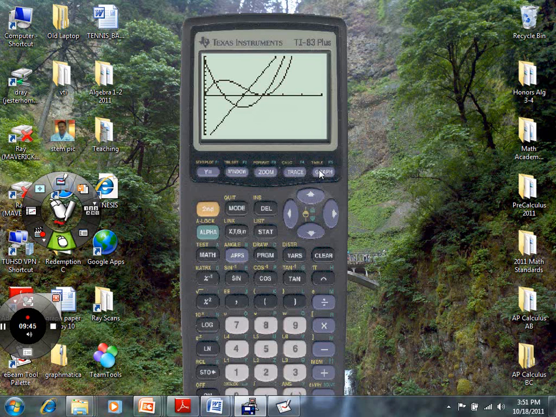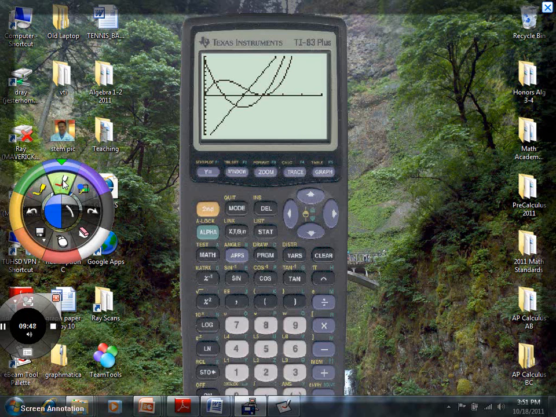Again, a key spot is right here, where the acceleration equals 0. That's when the rate of change of the velocity is equal to 0.